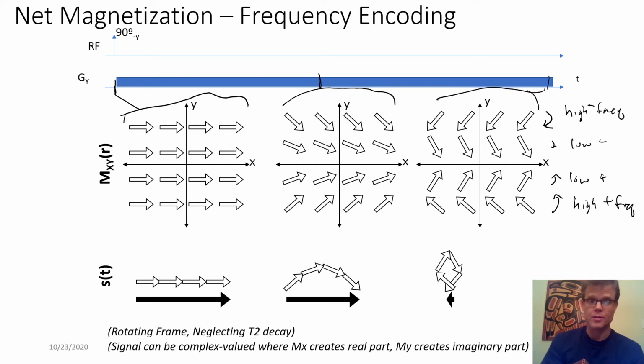And then when we look at the signal we would get from this object, unlike the previous slide where it was simply a constant, the added gradient now strongly modulates this signal. And so you can see these net magnetizations begin to add up incoherently. They can even cancel out at certain points in time.